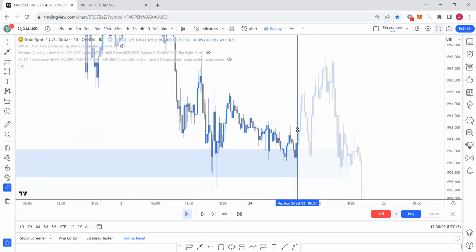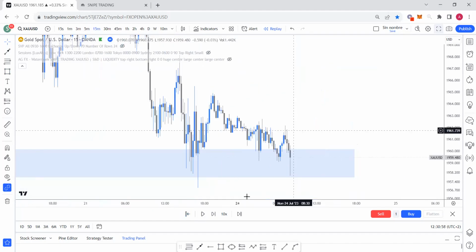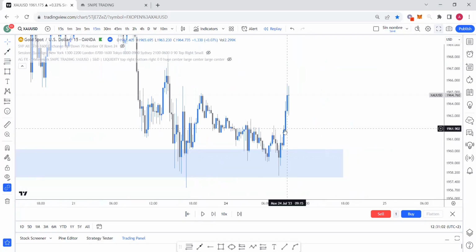And look right here, we have a good example. So this was yesterday. During London session, during London opening exactly, price created this change of character in the zone with volume, as you can tell.